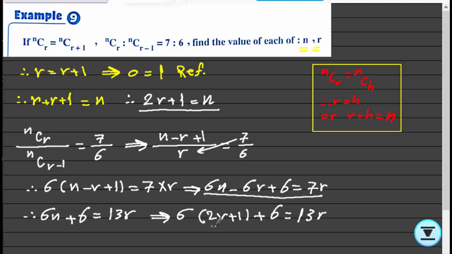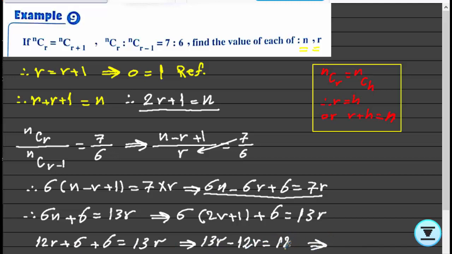So we have 6 multiply 2r, it is 12r, plus 6 multiply 1, it is 6, plus 6 equals 13r. So 13r minus 12r equals 12. So 13r minus 12r, it is r equals 12.